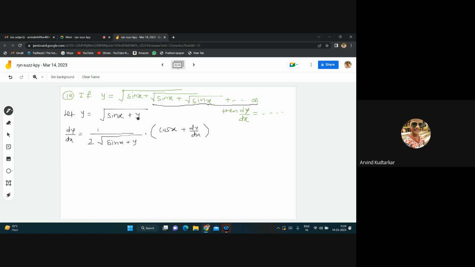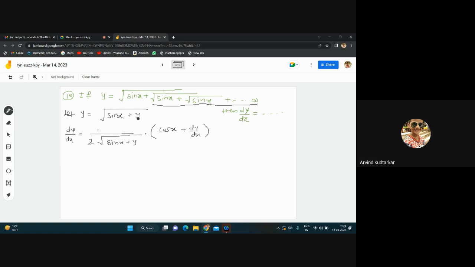So dy by dx is equal to, what will you get? 1 by 2y into cos x plus dy by dx. You will get this term like this. Again, we have replaced the root by y. So what do we want? We want dy by dx. If you want dy by dx, collect all terms of dy by dx to the LHS.